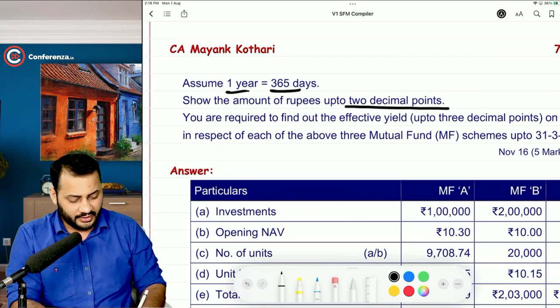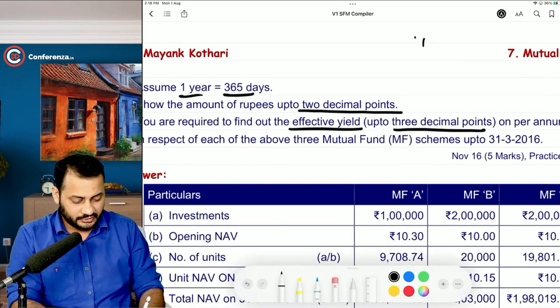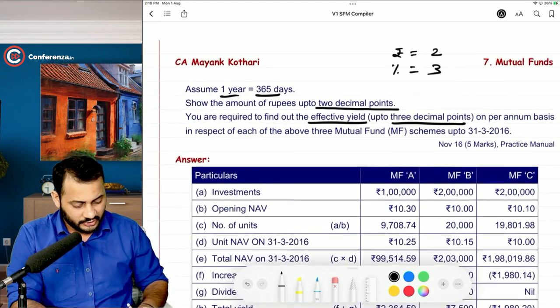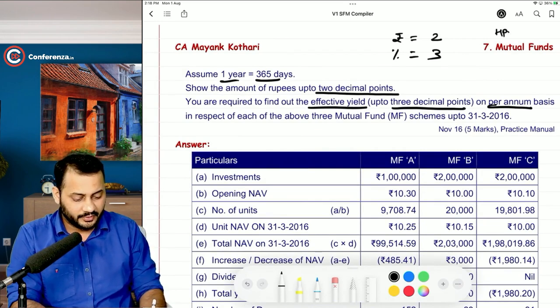You are required to find out the effective yield up to 3 decimals. If there is a figure in rupees, take it up to 2 decimals. If there is a figure in percentage, take it up to 3 decimals. On a per annum basis, you don't just calculate the holding period return.